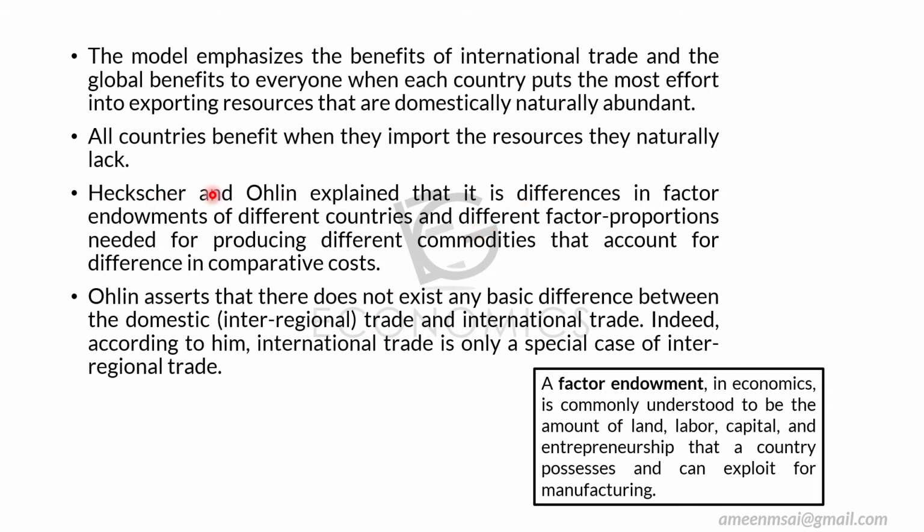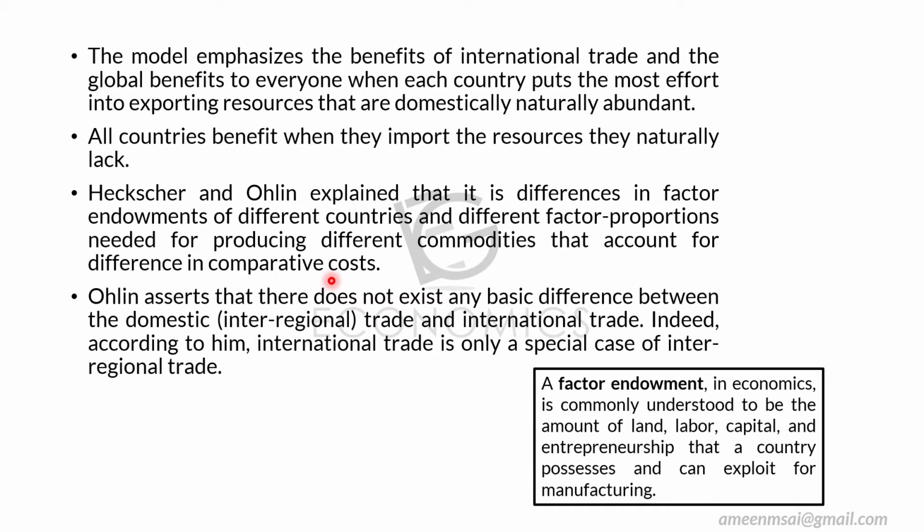Heckscher-Ohlin explained that it is differences in factor endowments of different countries and different factor proportions needed for producing different commodities that account for differences in comparative cost. So what was the reason given by Heckscher and Ohlin for the differences in comparative cost? The reason is that the amount of factors of production is different in each country.